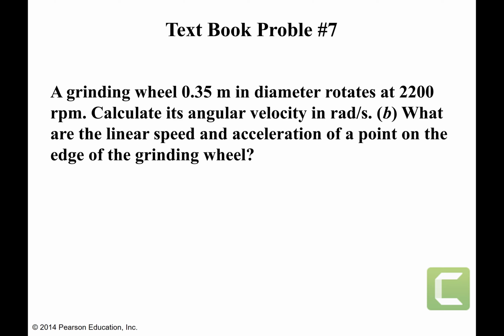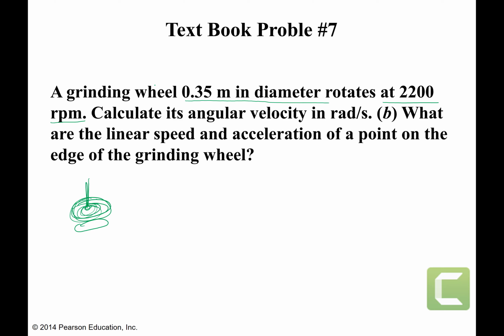Let's go over one more problem, then we'll probably call it a day. A grinding wheel, which is 0.35 meters in diameter, rotates at 2200 revs per minute. These days we don't have it, but in olden days you used to have a grinding wheel. You can compare it to the blender.